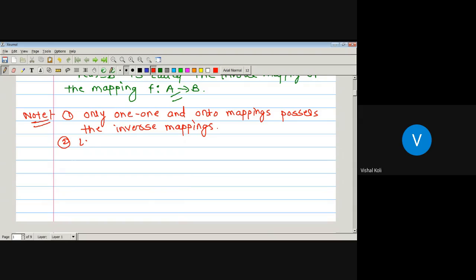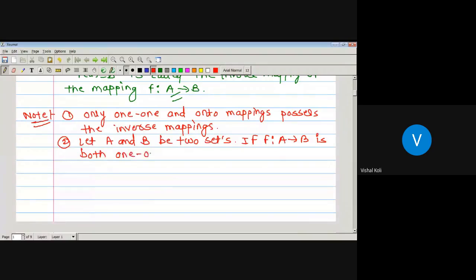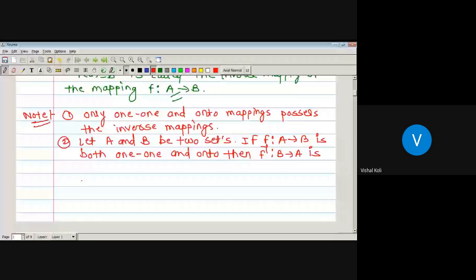Second one: let A and B be two sets. If f is a function from A to B, which is both 1-1 and onto, then f inverse from B to A is also 1-1 and onto.